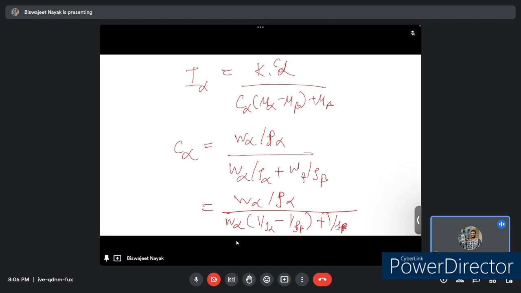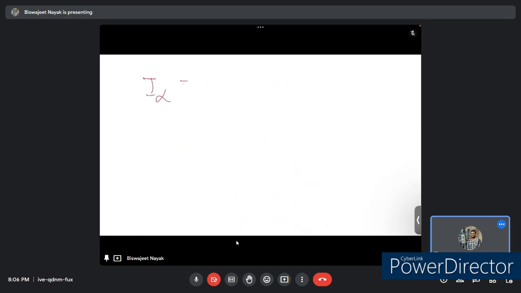Using this equation we can write intensity I alpha as K1 W alpha by rho alpha, divided by [W alpha times (mu by rho of alpha minus mu by rho of beta) plus mu by rho of beta].